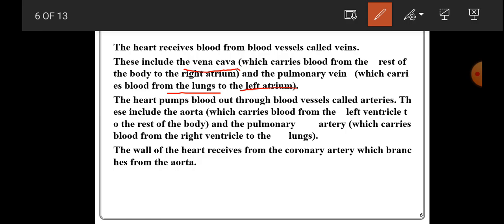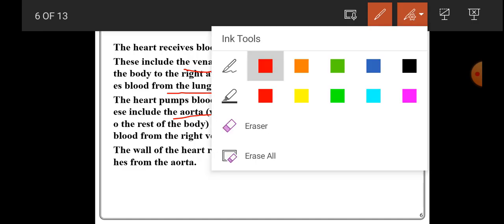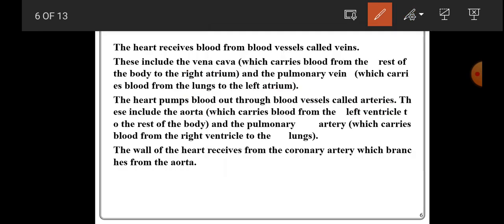The heart pumps blood out through blood vessels called arteries. These include the aorta, which carries blood from the left ventricle to the rest of the body, and the pulmonary artery, which carries blood from the right ventricle to the lungs for the purposes of oxygenation.